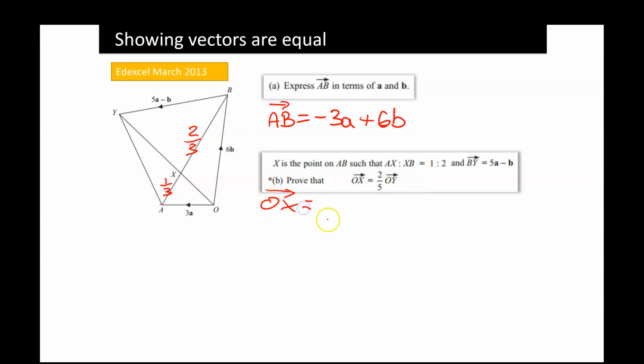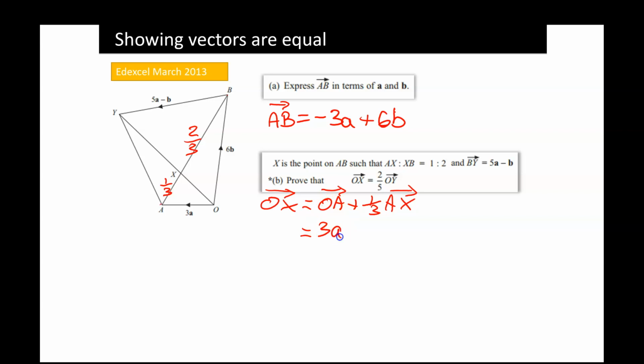So OX, clearly stating what I'm doing. So O to X, we've just worked out AB, which is quite handy. So we're going to be using this because basically OX is going to be OA plus a third of AX. I think I'll probably run out of room here, but anyway, we're going the right way down.